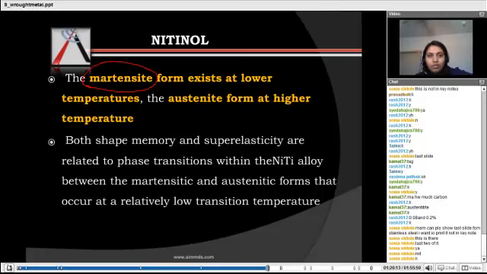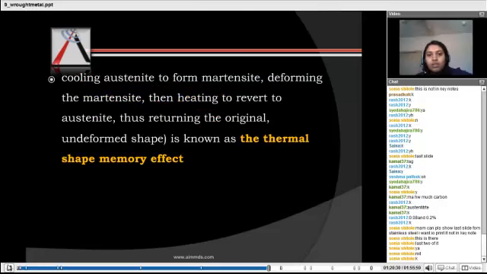Okay, now let me go down here. We already saw that martensite exists at lower temperature and austenite exists at higher temperature, isn't it? Both the properties are because of the conversion of martensite and austenite. Now we'll talk about one property, the shape memory. We have the wire in austenite form.